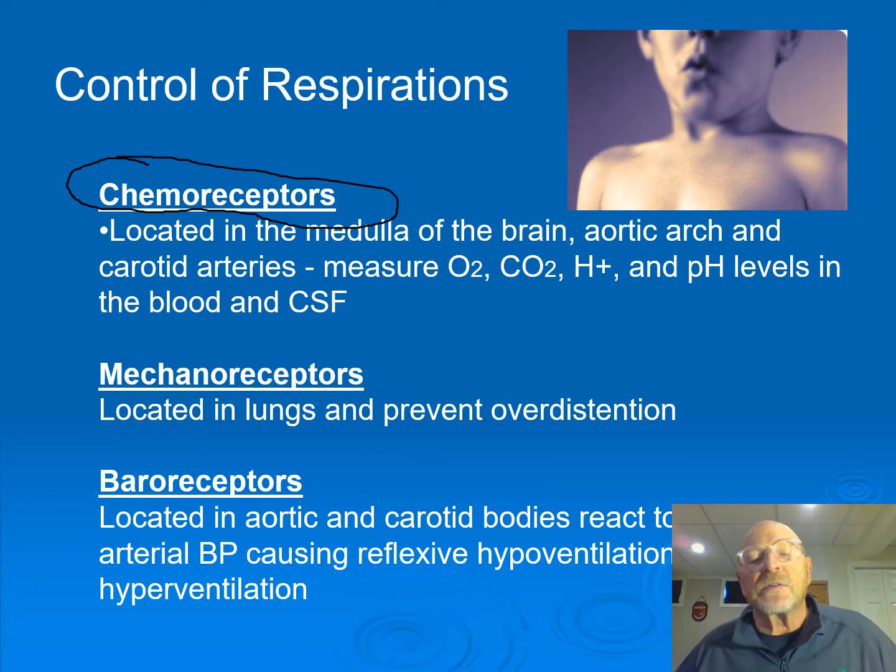These chemoreceptors are in the aortic arch and the carotid arteries, and they also measure pH levels in the blood and cerebrospinal fluid. Based upon the data sent from those chemoreceptors, the brain makes a determination relative to respiratory rate, effort, etc. for the patient.